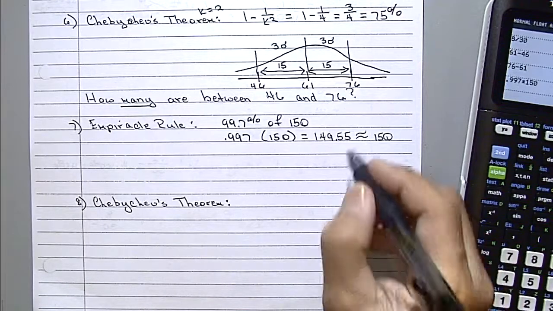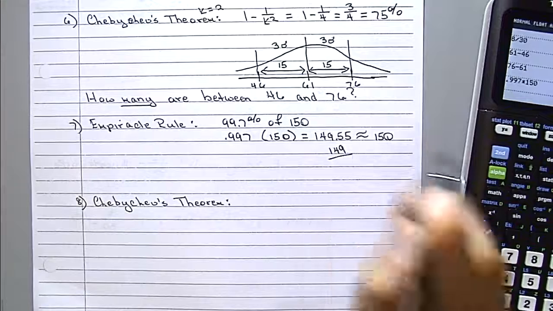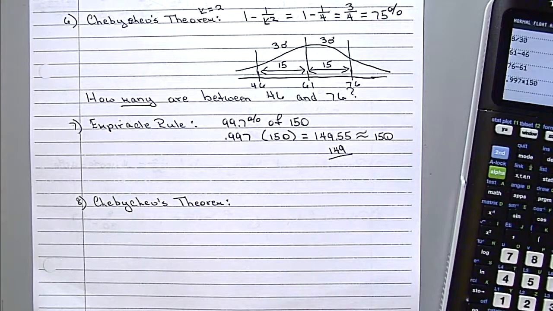If we were saying at least, we would say at least 149. You'll have no problem figuring out which one it is. At least 149. It rounds to 150, but at least 149 covers us.